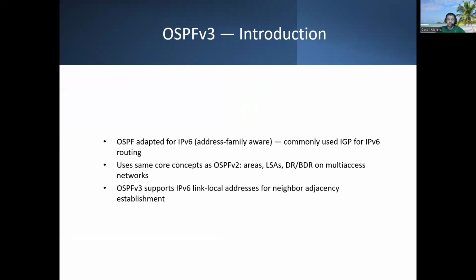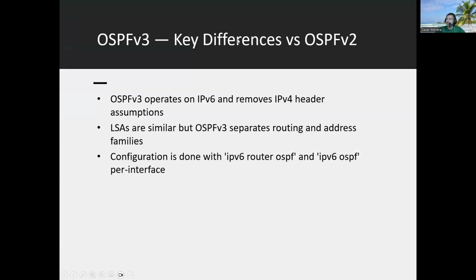Let's continue moving on. Next we have the differences. OSPFv3 operates on IPv6 and removes IPv4 header assumptions. LSAs are similar, but OSPFv3 separates routing and address families, and configuration is done with ipv6 router ospf and ipv6 ospf per interface.